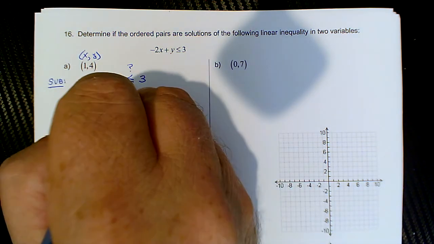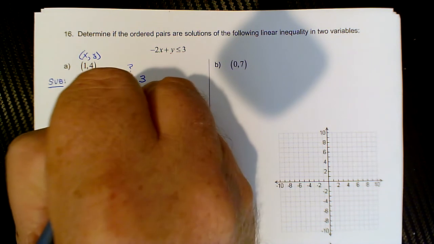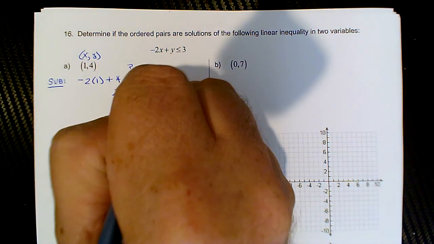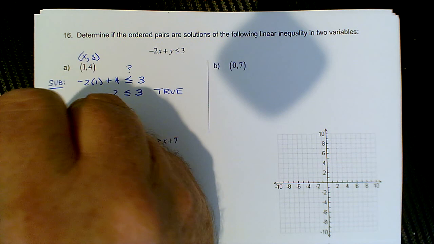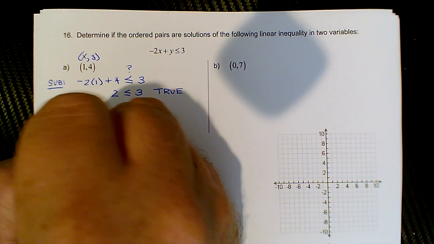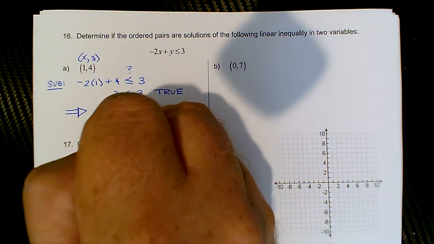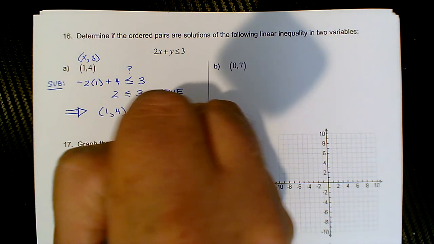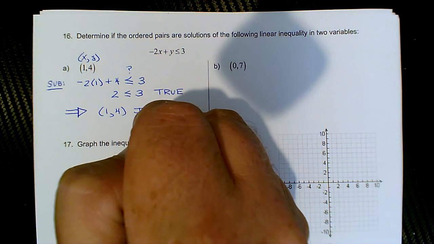Okay, now we want to graph the inequality. And you can graph it any way you like. But recall, I'm going to label the axes. Recall that we first obtain what we call the boundary line, which is replacing the inequality with an equal sign. So we have to graph y equals x plus 7.